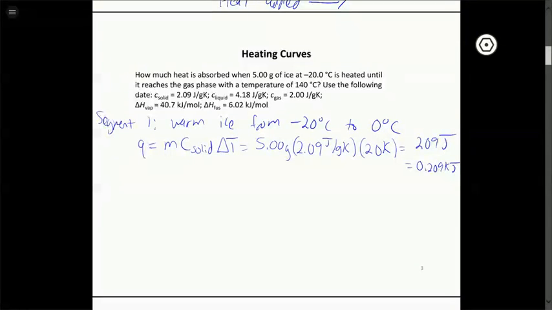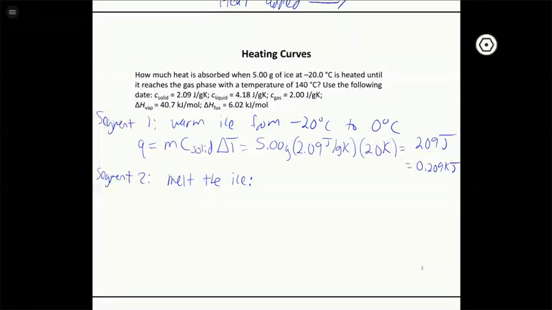Now for the second segment, which is going to be melting the ice, how do we calculate the heat that's associated with a phase change? So for that, we're going to use the associated phase change enthalpy, in this case the delta H of fusion, the second number here.